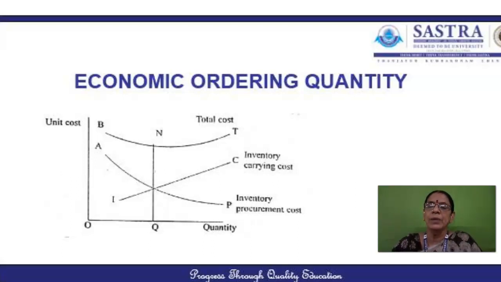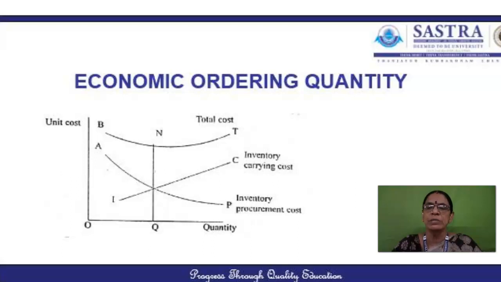Now, if the annual requirement is ordered in 10 orders, then 10,000 by 10 will get 100 units per order. Now, the cost of holding 100 units is very less, but the cost of holding 10,000 units is high. Now, number of orders is 10 into 500 per order, so it comes to 5,000 rupees.